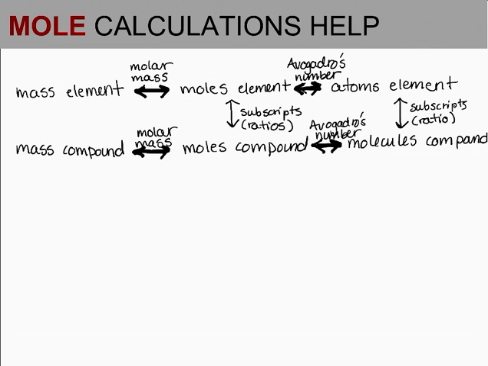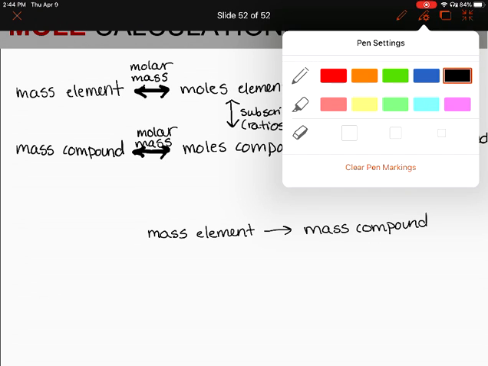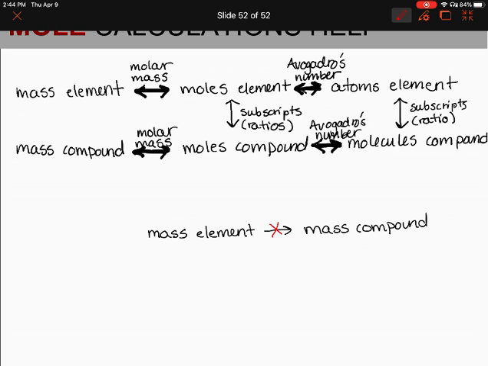So another flowchart that you could use if you're trying to go from the mass of an element to the mass of a compound, again, you can't do that directly.